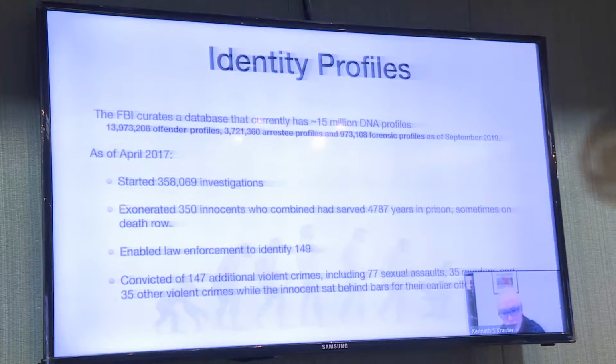Just to summarize that, before we break, the FBI has a database now of about 15 million individual DNA profiles. Using the information from these 15 million, and knowing the millions and millions of other people who are not curated in this database but exist in places like 23andMe and public data, it's possible, using the public data plus this data, to identify people with much higher numbers than just 15 million.